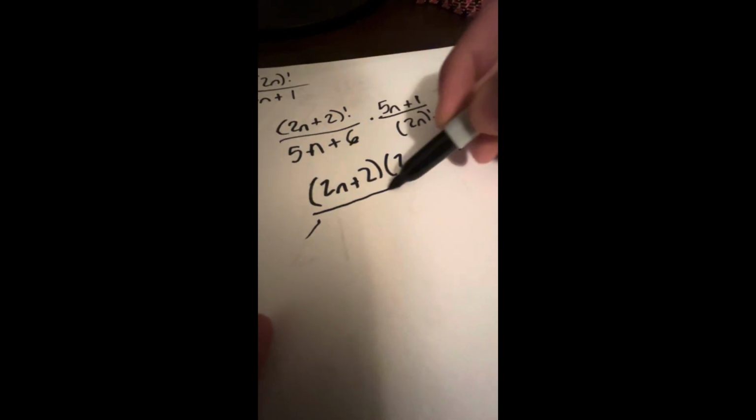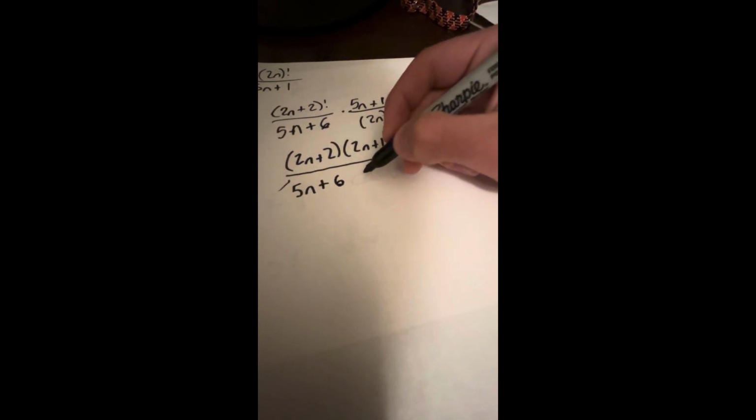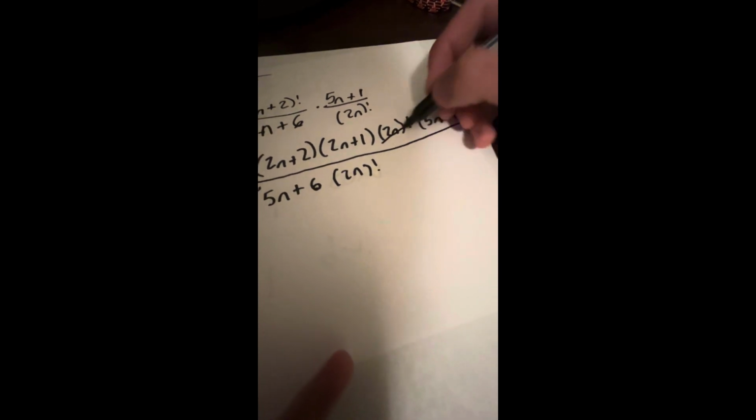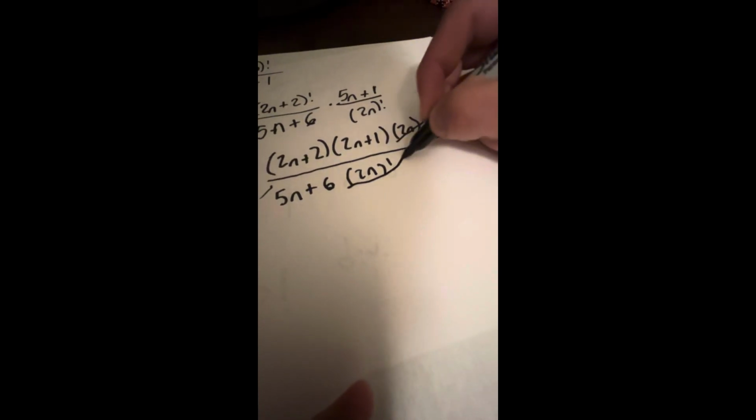That's coming from right there. And then that's all over 5n plus 6 times 2n factorial. Now we see these can cancel. And we're taking the limit of the absolute value of this, but you'll see it's not going to matter too much.